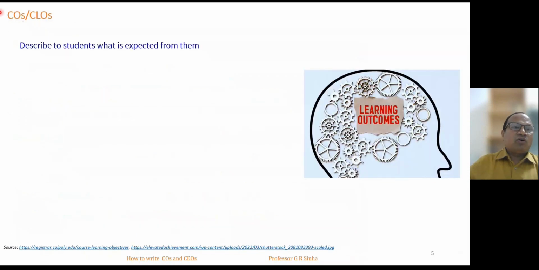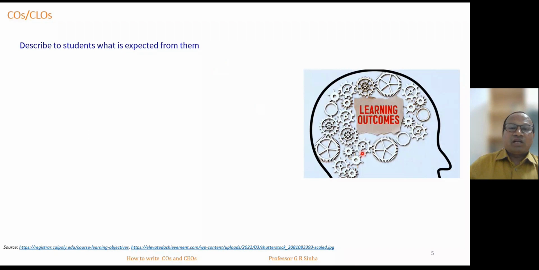And writing about course outcomes and course learning outcomes, it describes to the students what is expected from them when they complete this course, what they are expected to demonstrate, rather, after graduating, when they join the profession or a career, what they will demonstrate there based on the learning and understanding of the course.